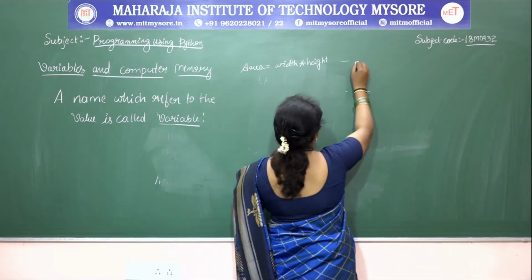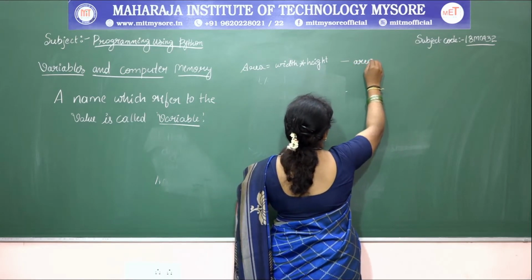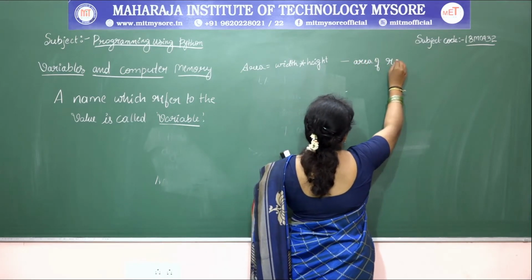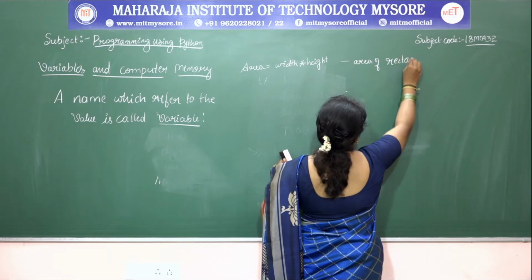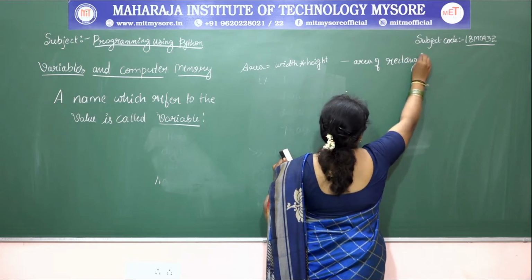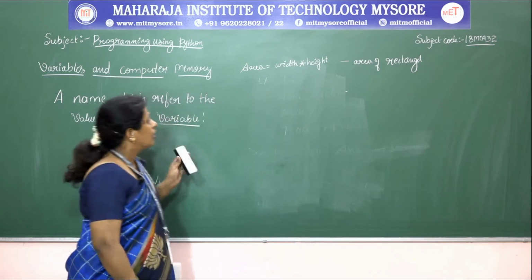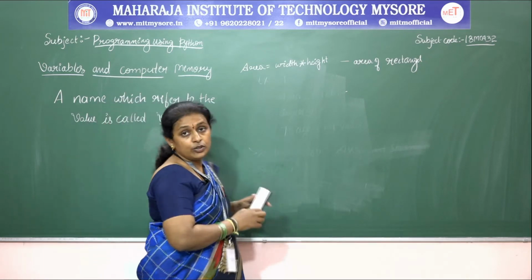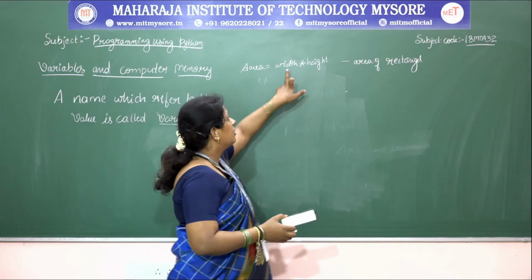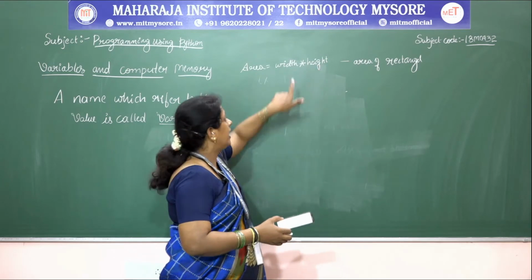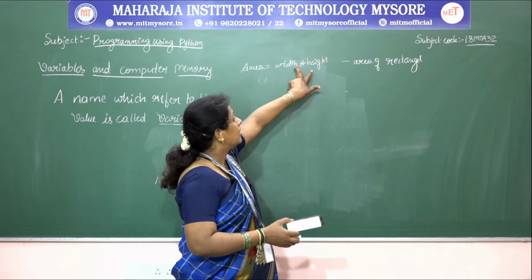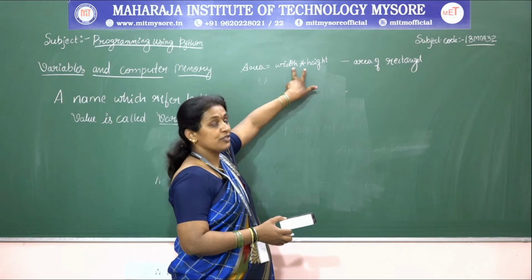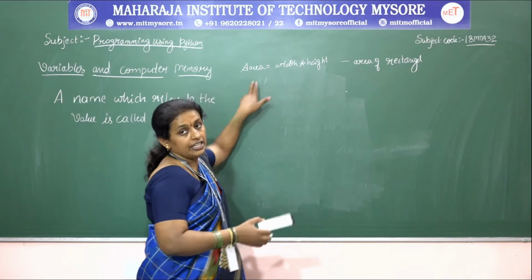This is the formula for the area of a rectangle. Okay, so here I need to take two variables, width and height, and assign the expression value to a variable called area.